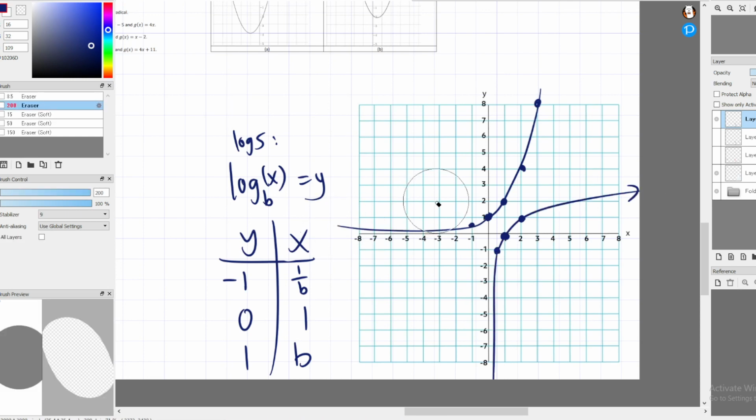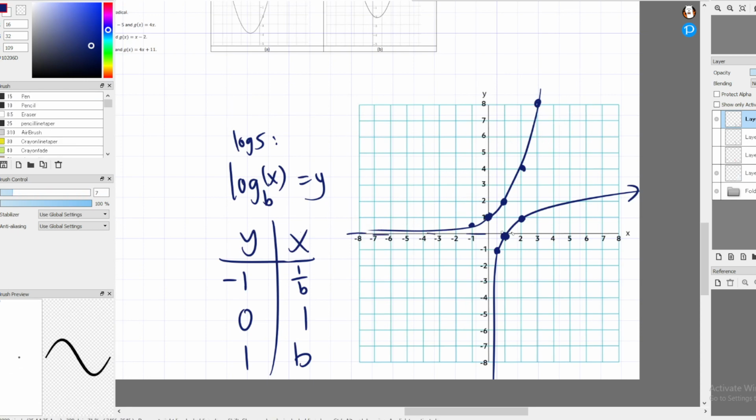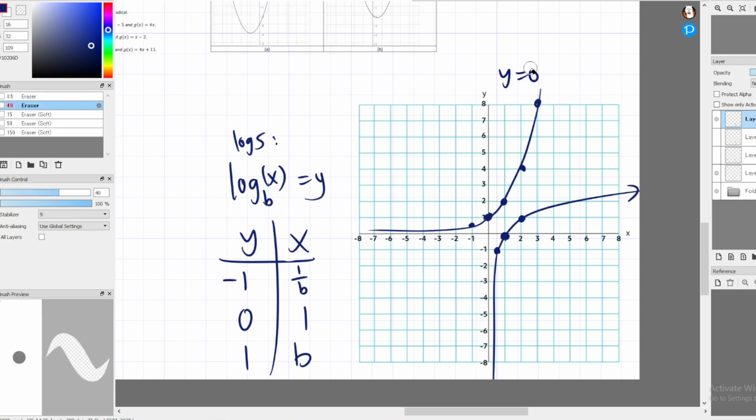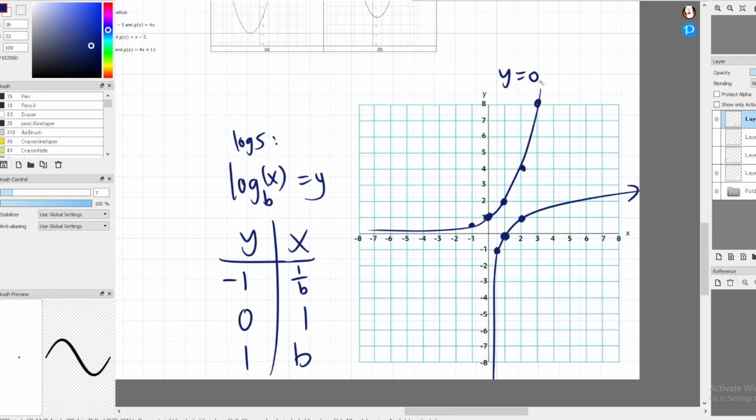Same in this case. In our exponential functions, this is called our horizontal asymptote, and with our parent graph of an exponential function, the horizontal asymptote is always going to be y equals 0, but because with logarithms it's an inverse function, we just swap our x and y's. So the asymptote for a logarithmic function is x equals 0.